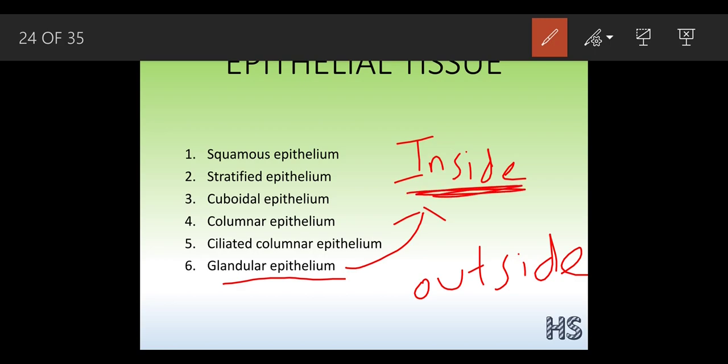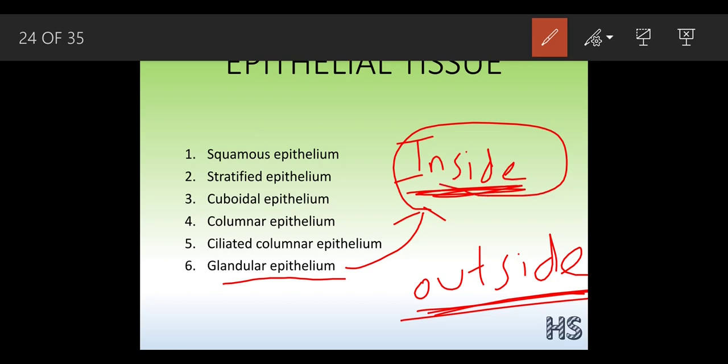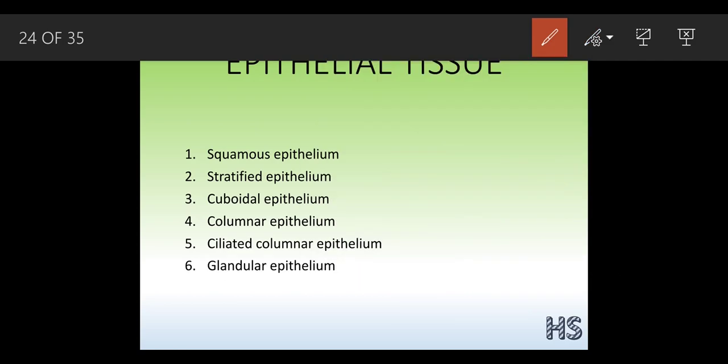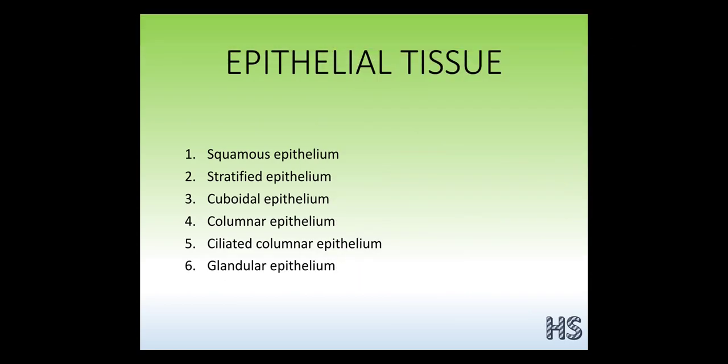Whenever we go to play, or whenever we do any other physical exercise, our body secretes a lot of sweat. So that is outside. So there are two types of secretion: the secretion of saliva inside our mouth, and the secretion of sweat outside the body. So this was all about the six different types of epithelial tissues.